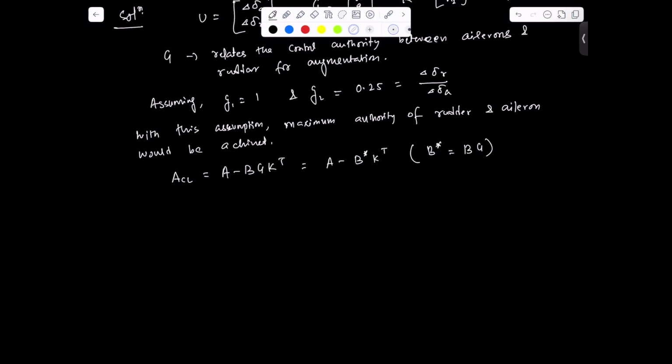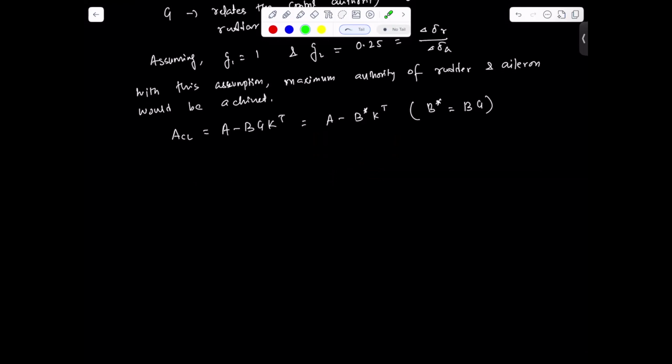So if you notice carefully, this system has been converted to the simple augmented system you had before, B K transpose. Here we are going to use the Bass-Gura method, what you have done in the previous lecture, to design the control.